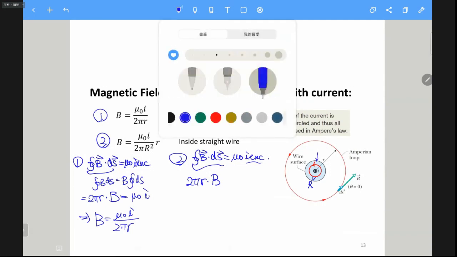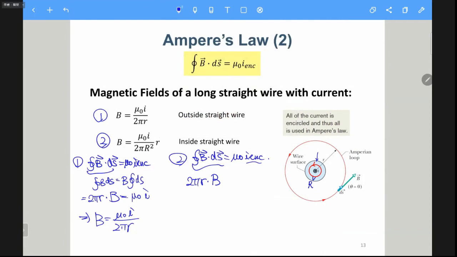And of course, here we consider the current density is uniform over the whole wire, which means that we can have mu0 I enclosed.